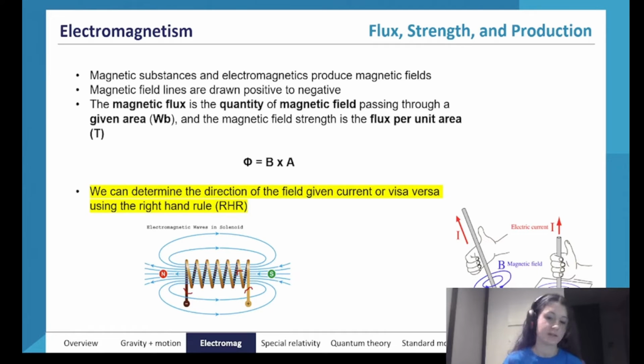Remember, conventional current moves from the positive to the negative. Of course, you might remember from year 11 when we went over electric circuits that electric current is generated by moving electrons, moving from the negative terminal to the positive terminal. However, that is the actual current. The conventional current is the opposite of that, as I said before.